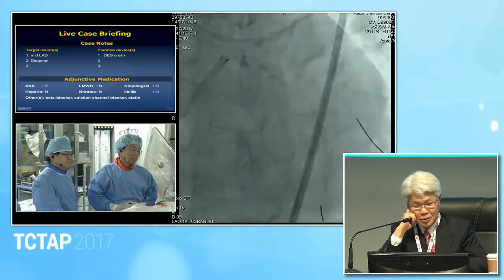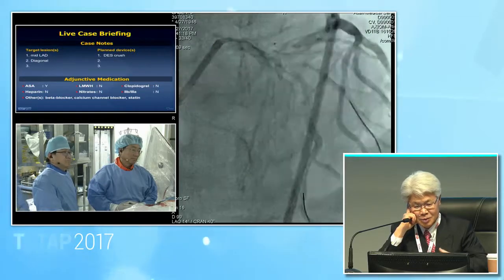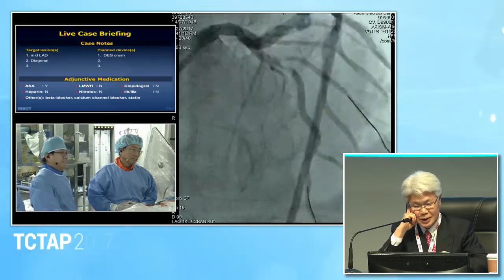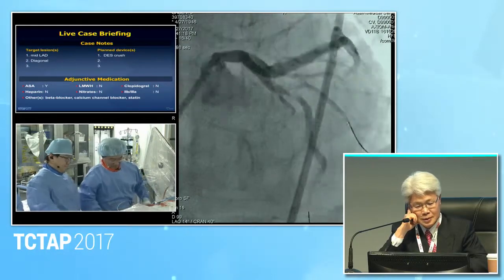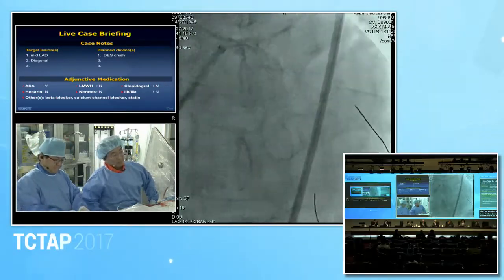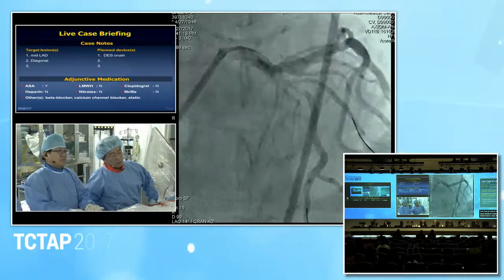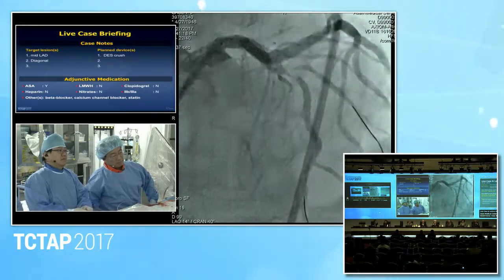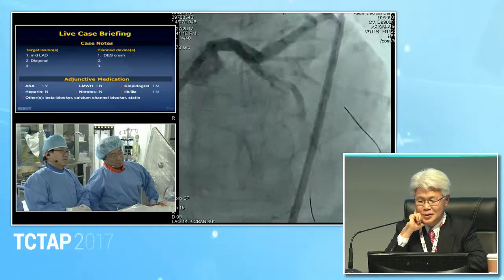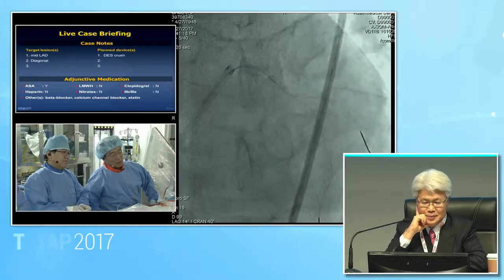But by imaging, we can further investigate the risk of side branch occlusion. So you want to do provisional T-stent or two-stent? In this case, I would select the two-stent.